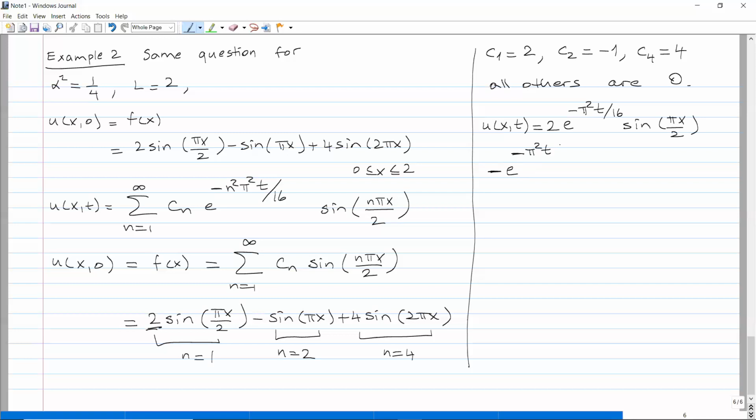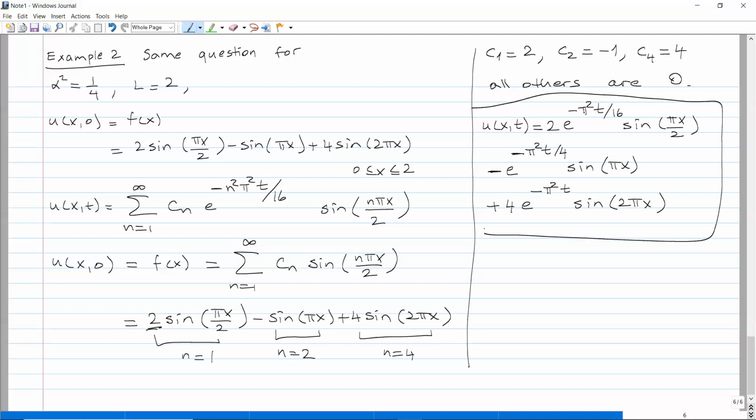Minus e to the minus pi squared t over 4 sine pi x. And then for n equals 4, C4 is 4. N squared is 16, so 16 and 16 cancel out, 4 e to the minus pi squared t sine of 2 pi x. This is the solution.